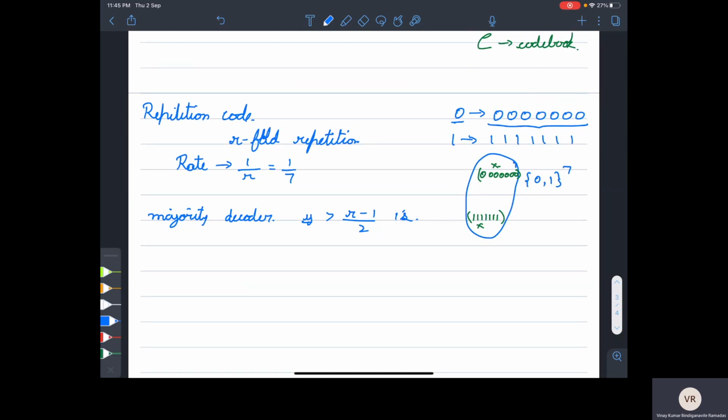If it has greater than r minus 1 by 2 zeros, then declare the message bit sent to be a 0. This is the optimal decoder for this particular code. Hence, the repetition code can correct up to r minus 1 over 2 errors.